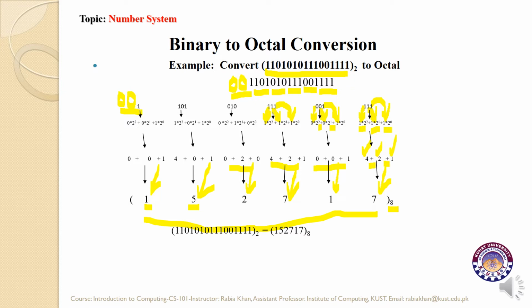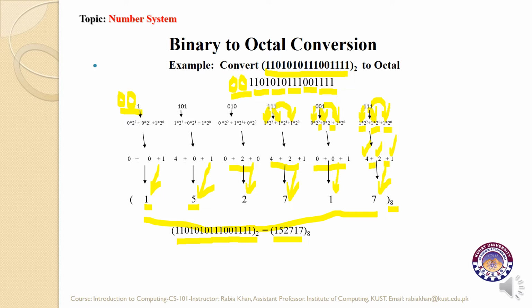This is how we write the answer. You can see 1 1 0 1 0 1 0 1 1 1 0 0 1 1 1 1 in base 2 is equal to 1 5 2 7 1 7 in base 8.